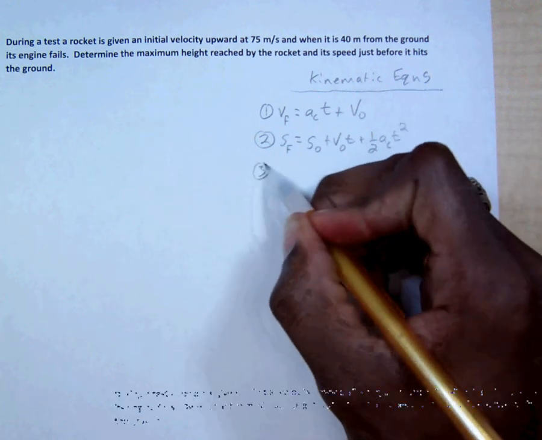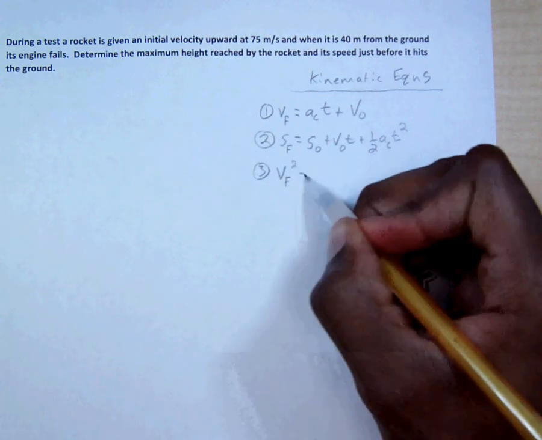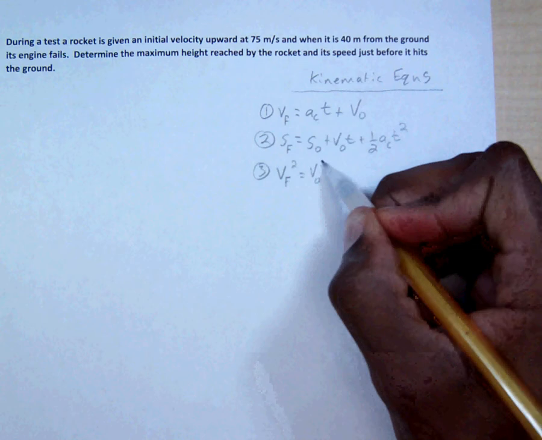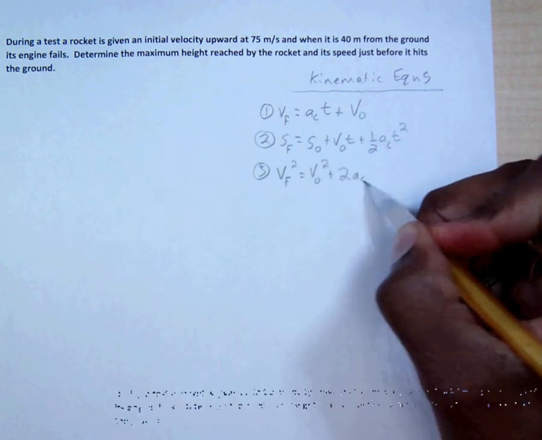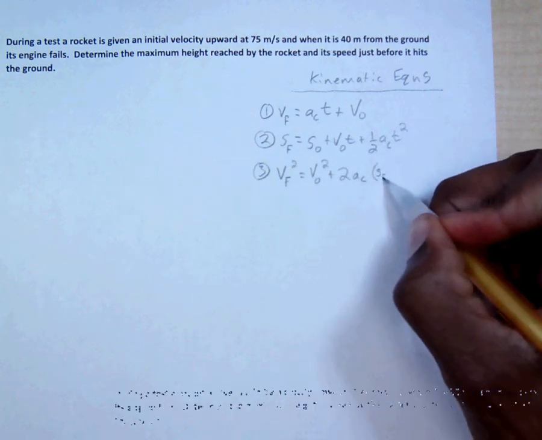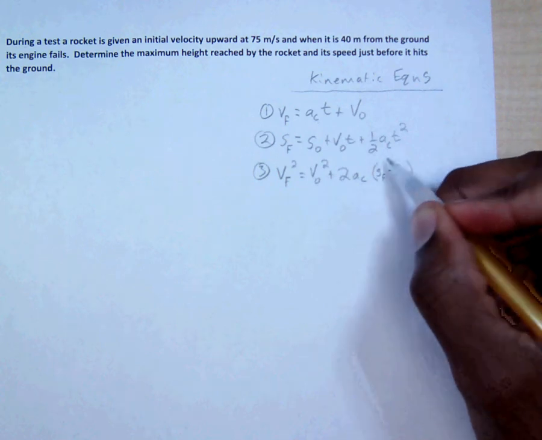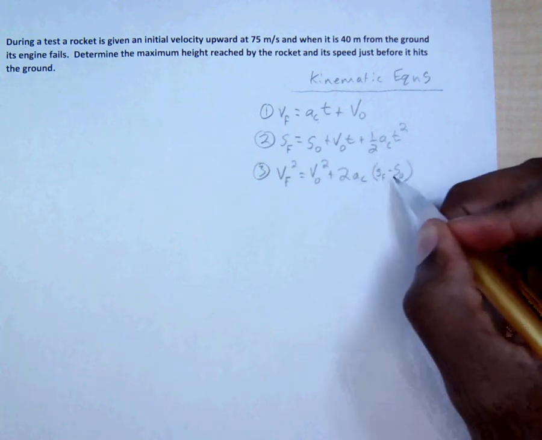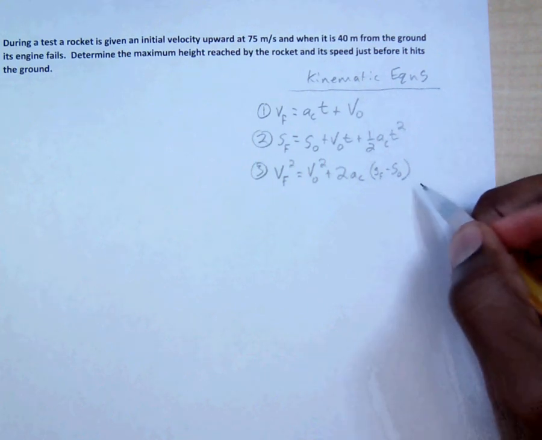Our third kinematics equation is our final velocity squared equals our initial velocity squared plus 2 times constant acceleration times our final position minus our initial position, which is also the displacement. Some people represent that as a delta S or a delta X for displacement.